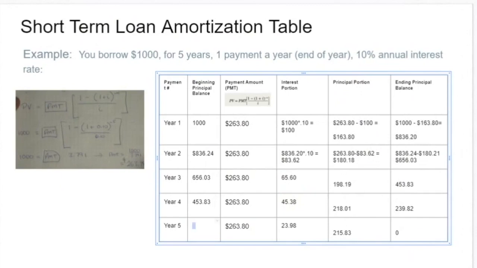That 239 we owe, basically 239 at the beginning of the period. We actually paid 263.80 because there was interest of 23.98. The principal portion then is 215, and basically that brings us down to 0. We pay off the loan after year 5.